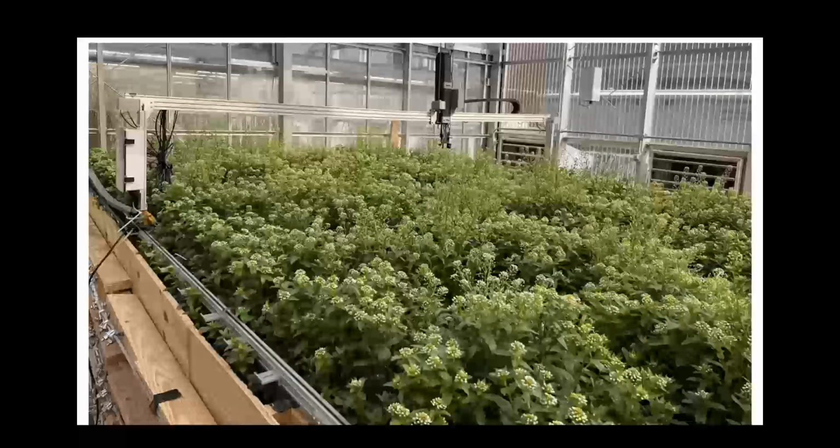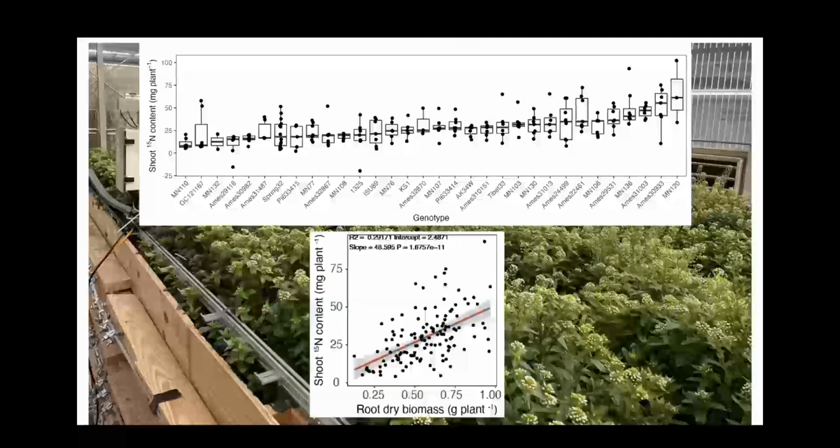But what we did was go in and inject some 15N nitrogen at the base of each plant and basically ask, how much N wound up in the shoot. So we cut the shoots out, we ground them, and measured the 15N. So we're starting to get a functional readout of the root system differences. There's still a lot of root analysis to do, but we get a lot of variation for shoot 15N here.